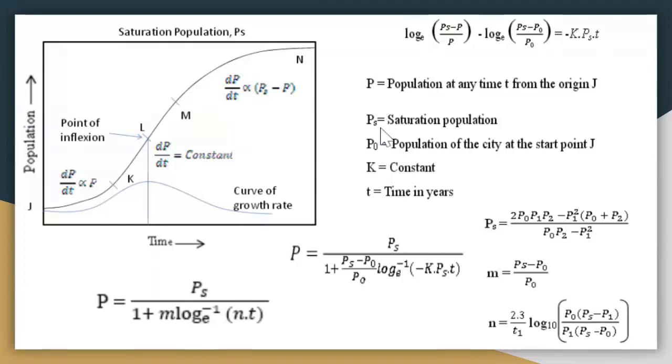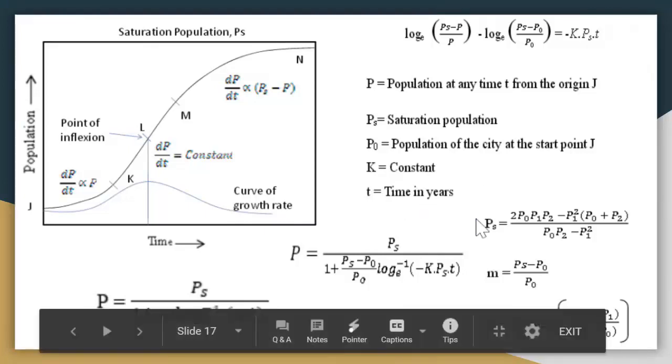Then Ps is the saturation population. P0 is the population of the city at the start point. And K is a constant. T is time in years. This is the basic formula, and the other formulas are derived from this basic formula.